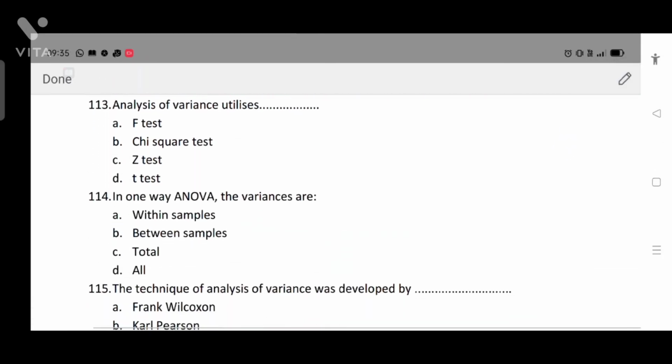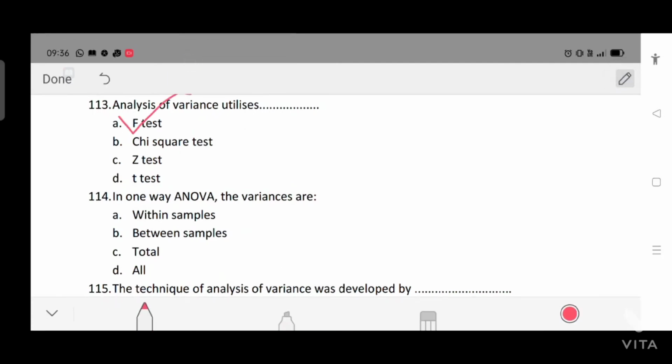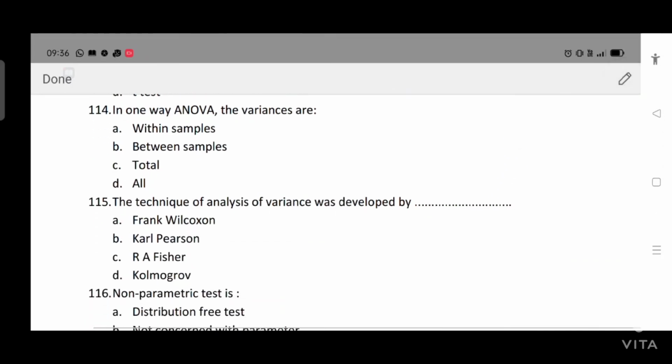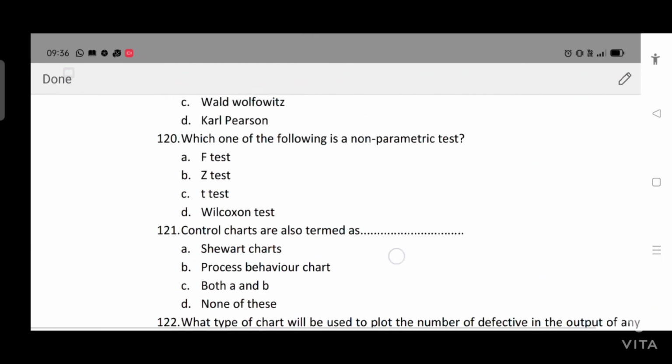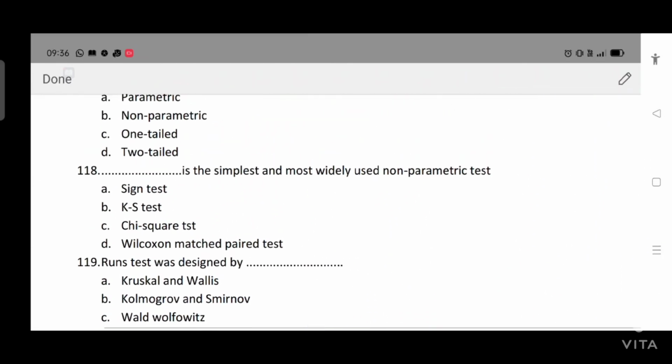The analysis of variance utilizes A, B, C, D. F-test. In one way ANOVA, the variance are A, B, C, D. All. Sorry for the inconvenience.